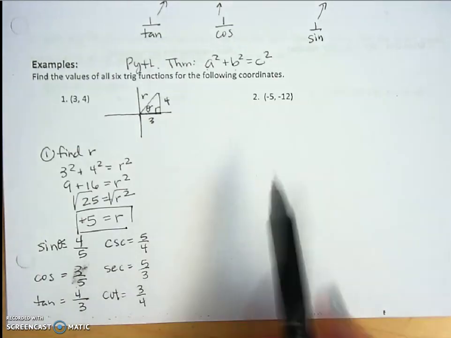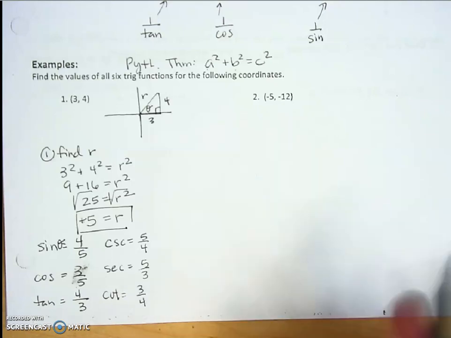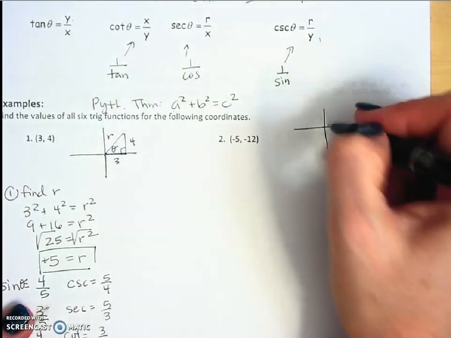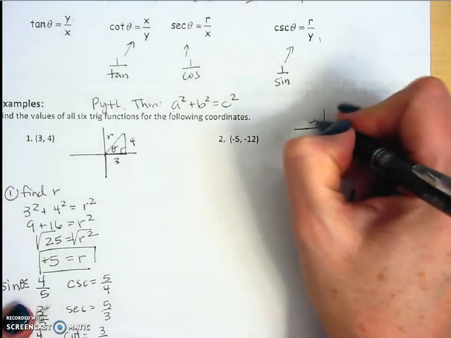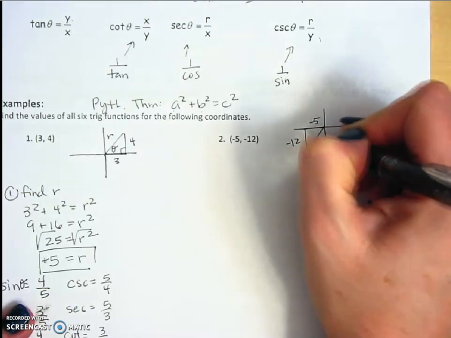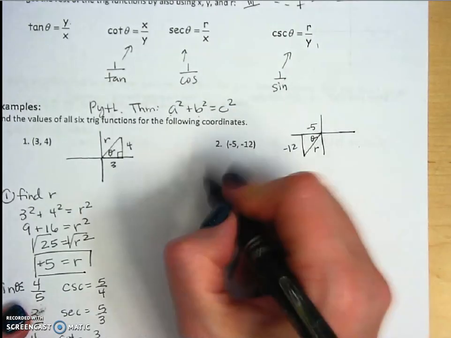So I want you to pause your video and just draw the triangle for this ordered pair. All right, hopefully you came up with this. We went left 5, down 12. So this is our r, this is our theta. And we still need to find r first in this problem.